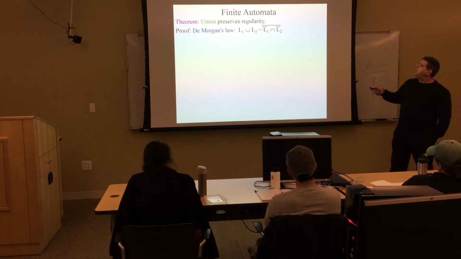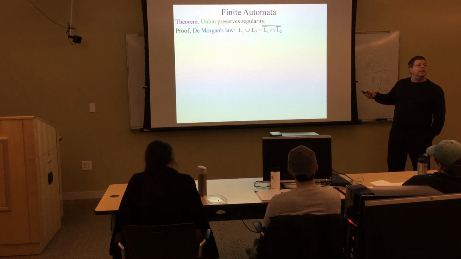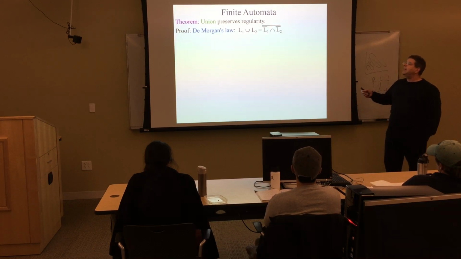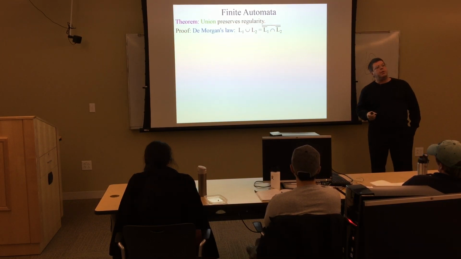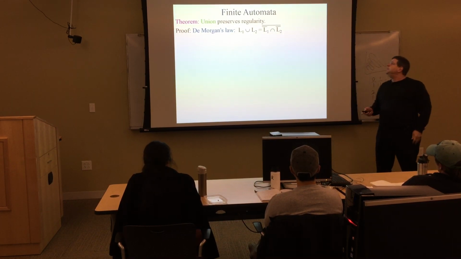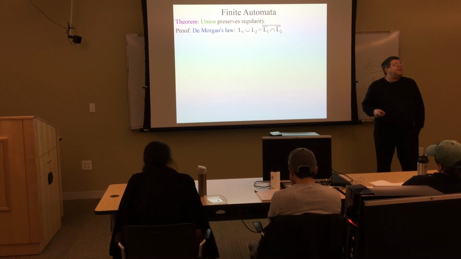So the intersection of the complements of L1 and L2 is regular too. Now if you complement this one more time, that still preserves regularity yet again. So the whole right-hand side remains regular if L1 and L2 are regular. How many believe that? Okay, that's better. That's most people. And therefore the union is regular too, because it's equal to that.